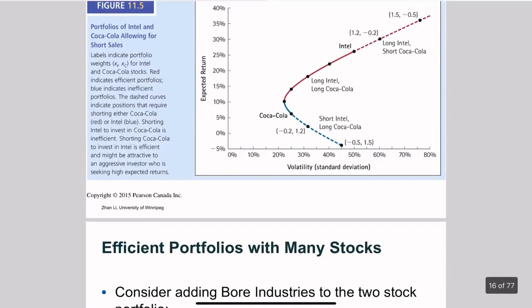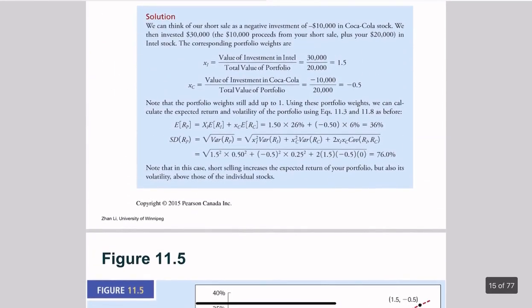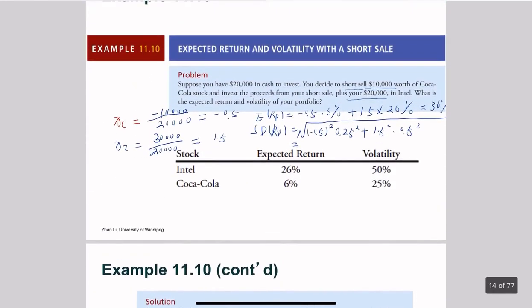Let's see what the answer is here. So this gives us 36%. Note that I'm not adding covariance here because we assume the correlation between Intel and Coca-Cola is just 0.